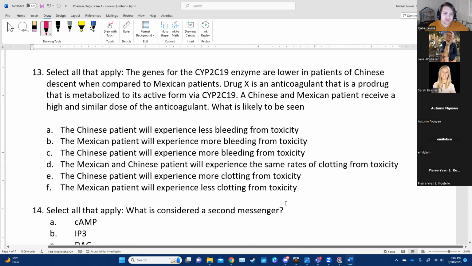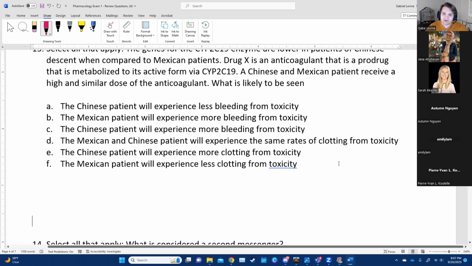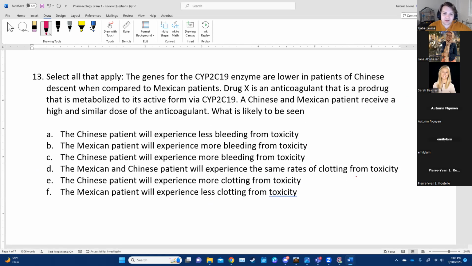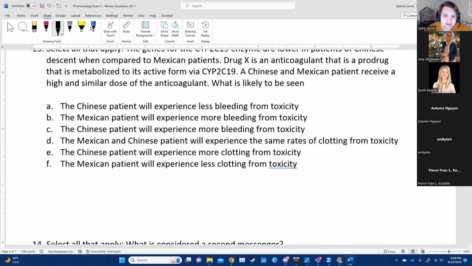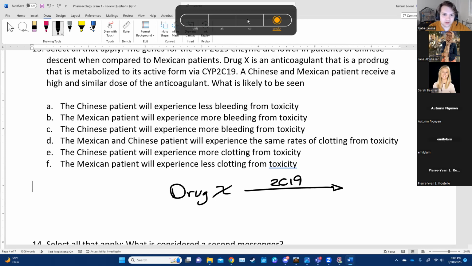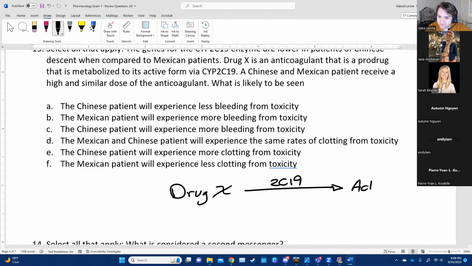Select all that apply. The genes for CYP2C19 enzymes are lower in patients of Chinese descent when compared to Mexican patients. Drug X is an anticoagulant that is a prodrug that is metabolized to its active form via 2C19. A Chinese and Mexican patient received a high and similar dose of anticoagulant. What is likely to be seen? So we have drug X. It is metabolized via 2C19 from prodrug into active form.